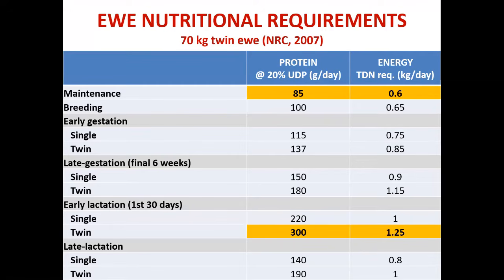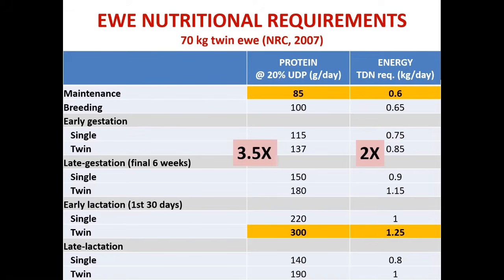So let's look at protein requirements. They only require about 85 grams of protein during maintenance, and that can go up to about 300 grams of protein during early lactation. Similar energy requirement, very low during maintenance, about 0.6 kilograms per day, and that can jump right up to about 1.2.